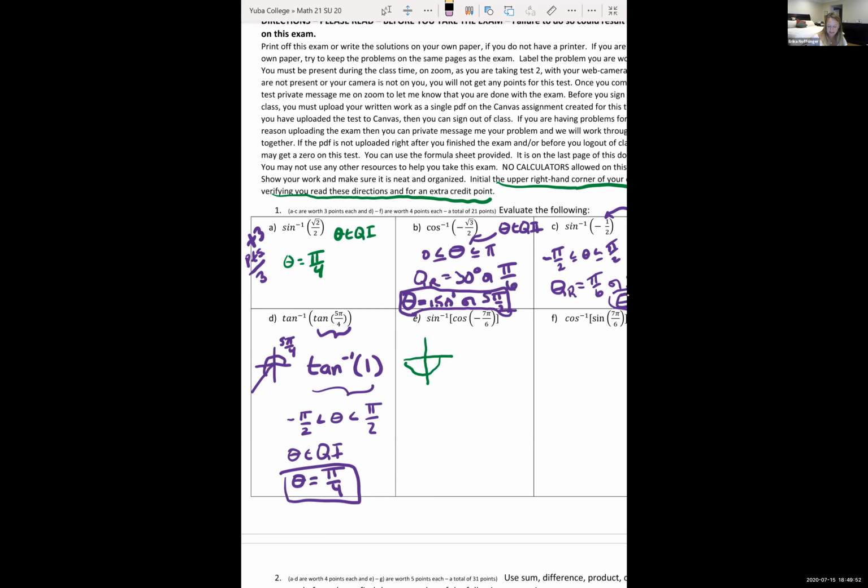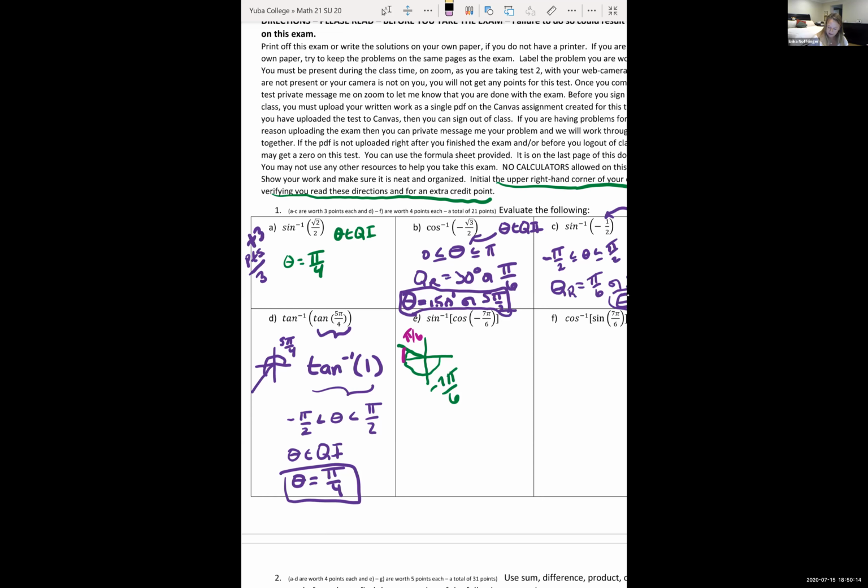Then another pi over 6 would get me 7 pi over 6. So this is negative 7 pi over 6. My reference angle then is pi over 6.